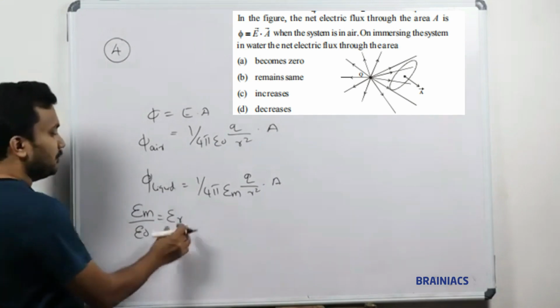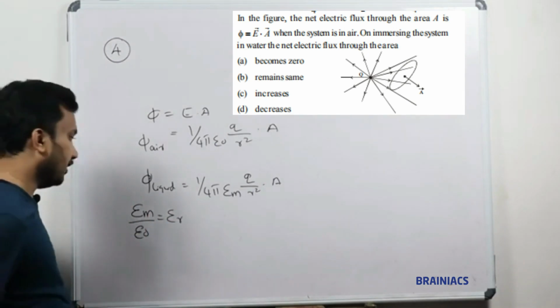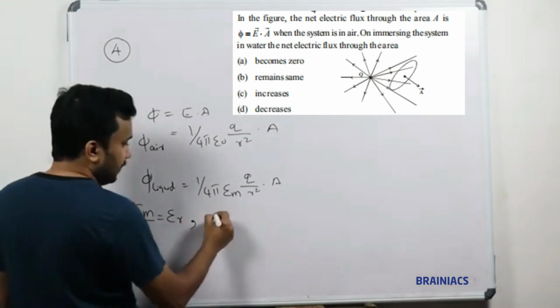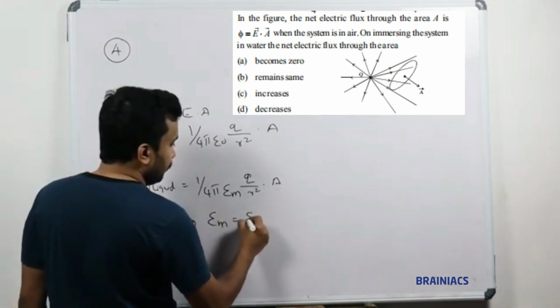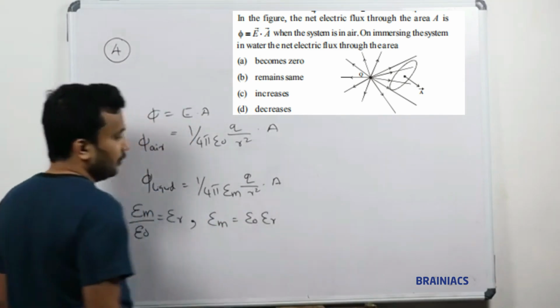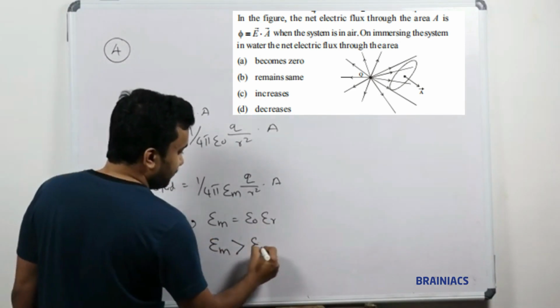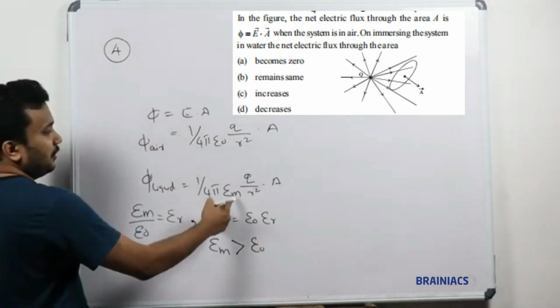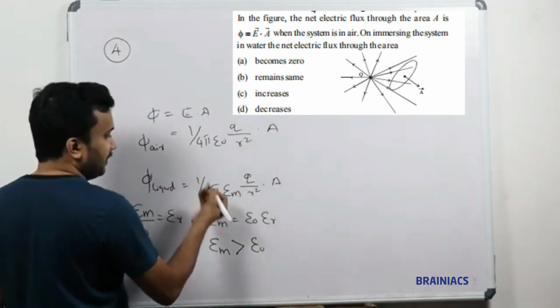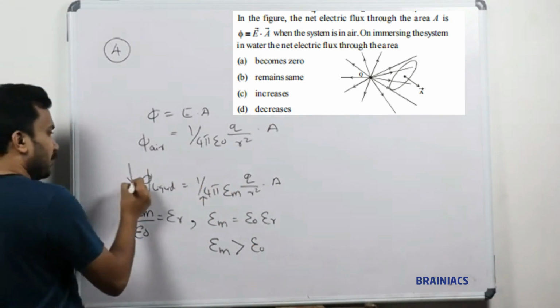Ideally, in the normal case, epsilon r value is greater than 1. So I can say epsilon m will be equal to epsilon 0 into epsilon r. In the normal case, epsilon m is greater than epsilon 0. If epsilon m is greater, what will happen?